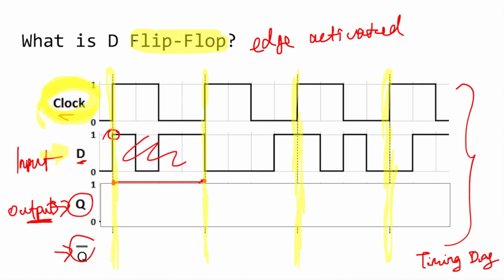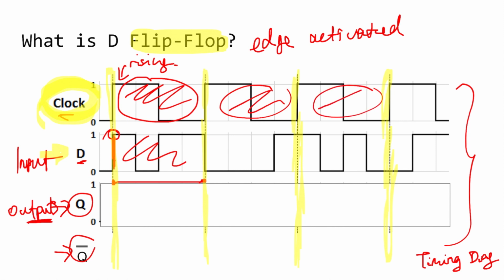So we can ignore everything here because we only read the input of D when it is a rising edge. So basically this part over here, you can think of it as being ignored, or the component is sleeping, whatever you like to think. So this part over here we can ignore, and ignore.